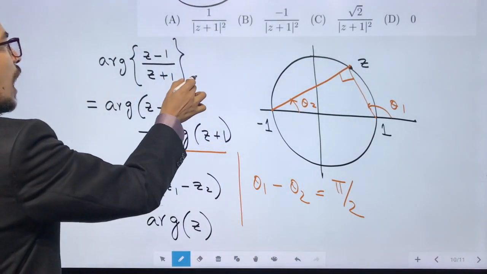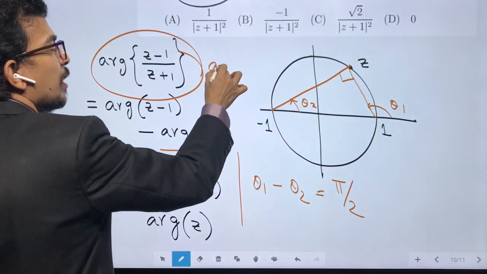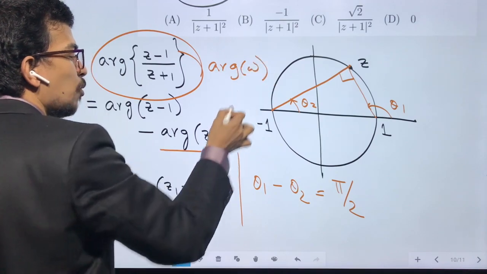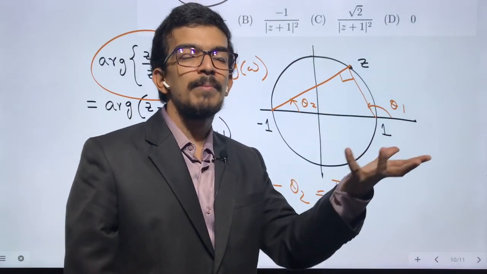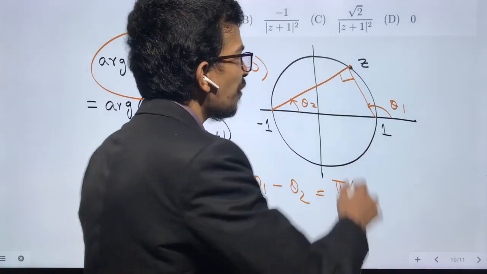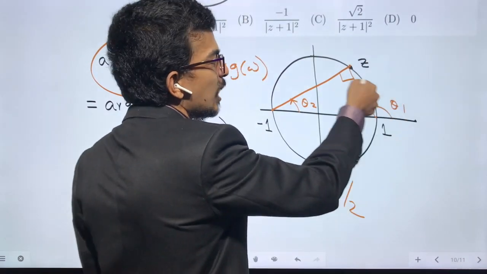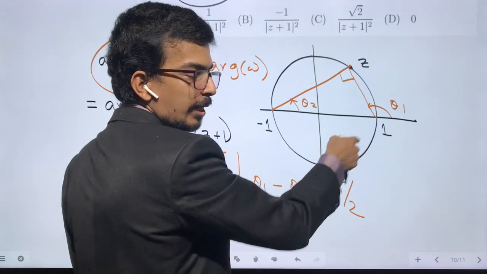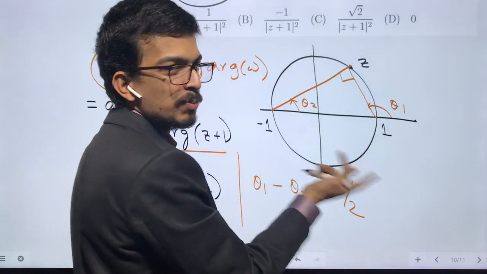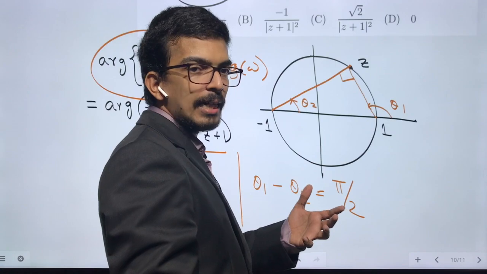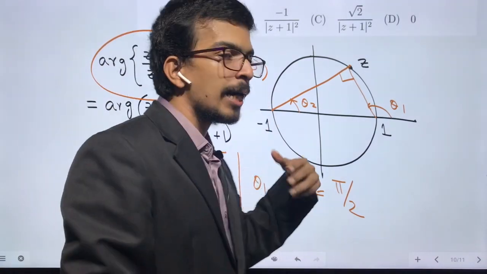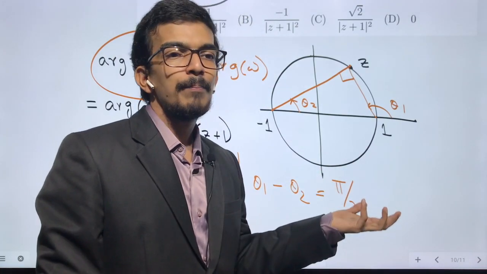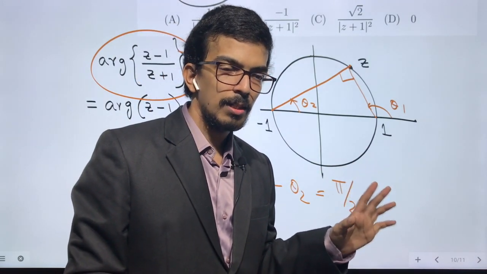So the argument of omega comes out to be pi by 2, which means omega is a purely imaginary number. If we had taken z on the lower semicircle, this would have been minus pi by 2. So it is again a purely imaginary number, right?